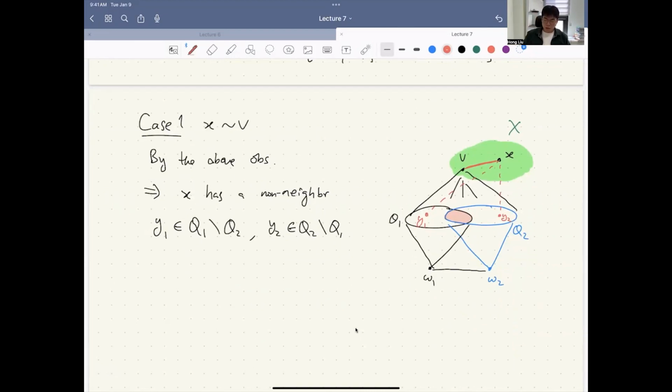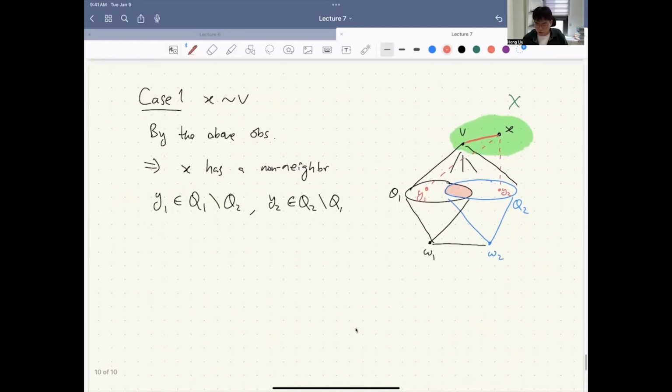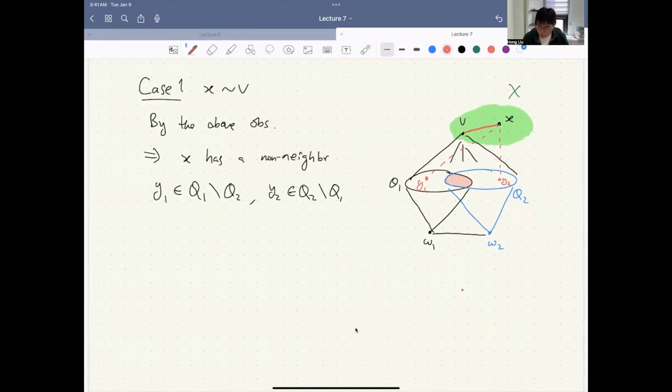Why? Let's redraw this. You have V here, and this is the bottom edge, W1, W2. Now I move X inside here. I increase the intersection size by 1. Then I can delete Y1, Y2 from Q1 and Q2. We obtain, again, a 5-wheel-like graph with a larger value of k, the intersection size.